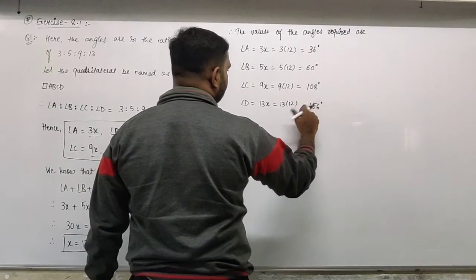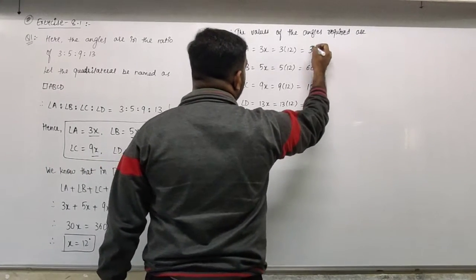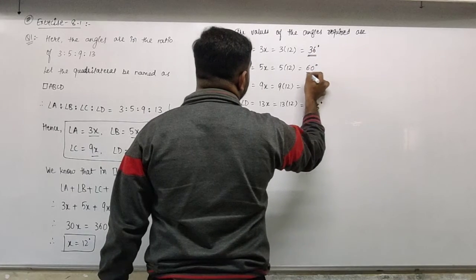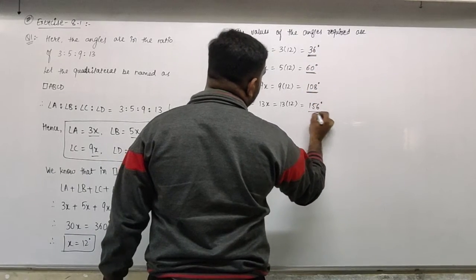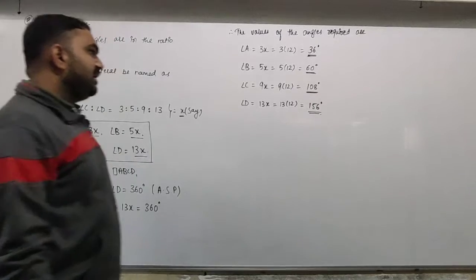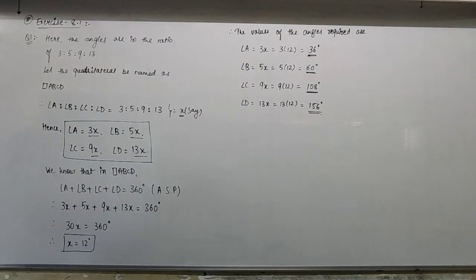So these are the respective angles: angle A 36 degrees, angle B 60 degrees, angle C 108 degrees, and angle D 156 degrees.